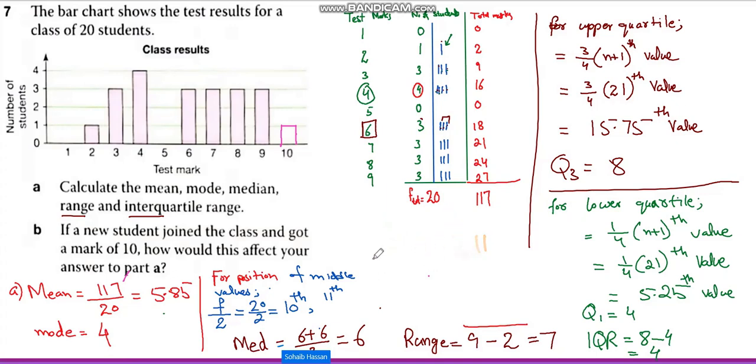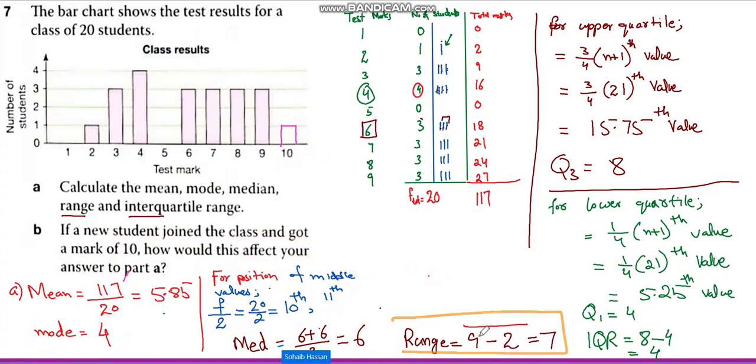It means the middle value will exist at 11th position. And at 11th position, we get 6. It means the median does not change, even if we add one more student. So mode is not changing, median is also not changing by disturbing the total number of students, but mean is changing.